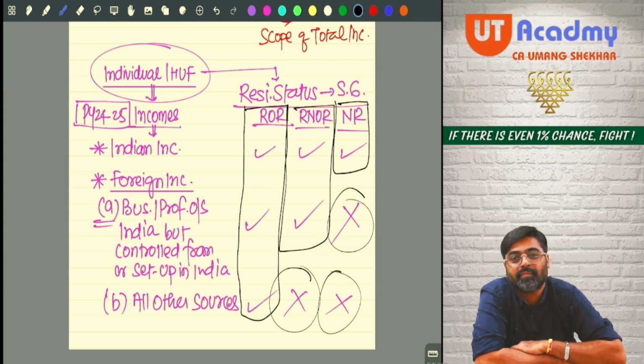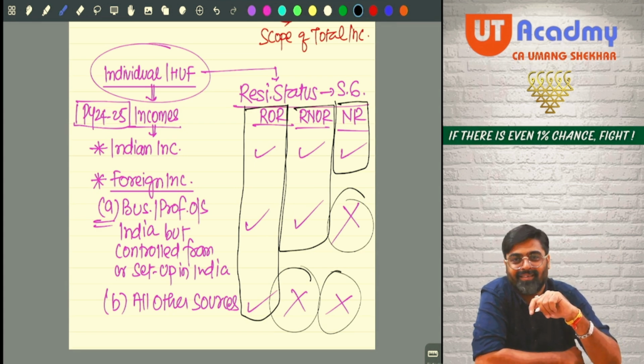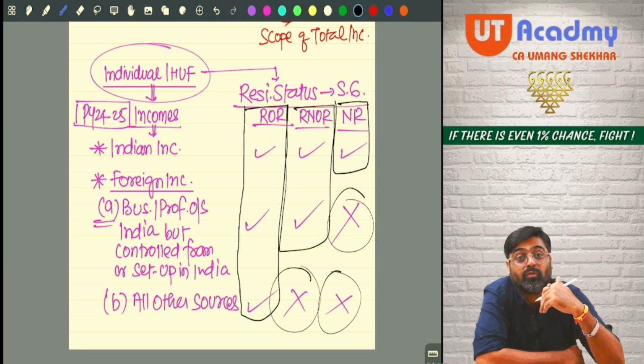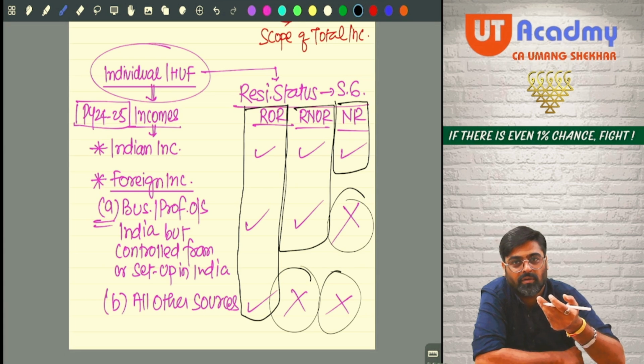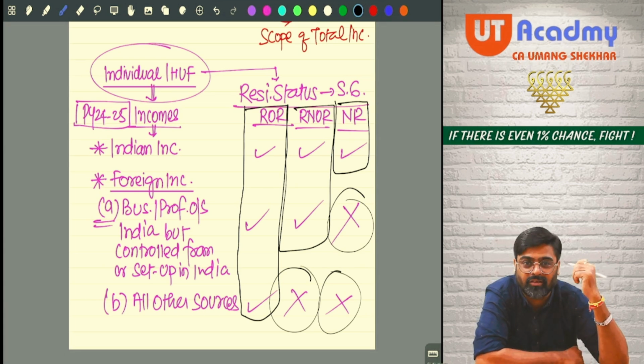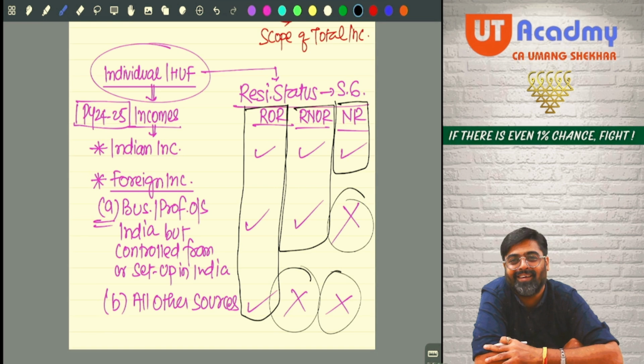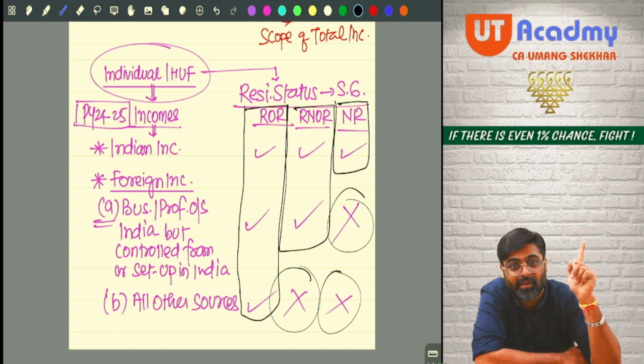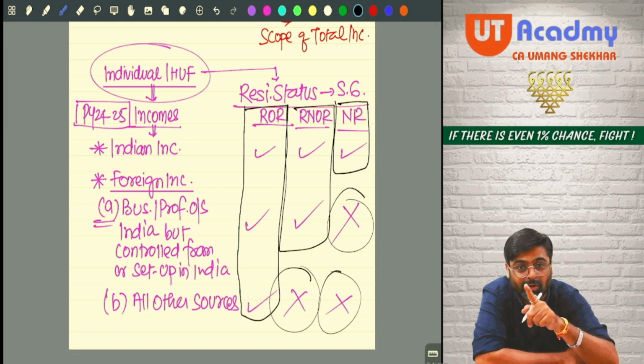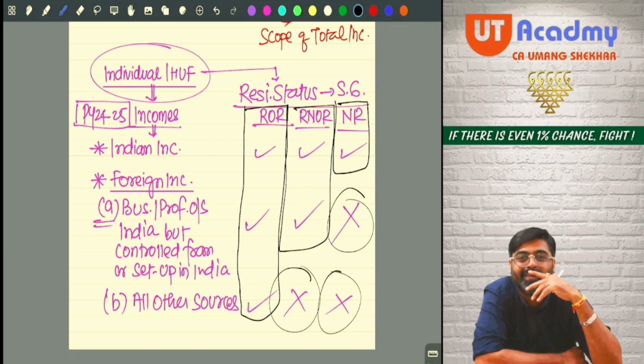Getting my point? So it is a tug of war between the department and the assessee. And as a chartered accountant, you have to advise your clients. If you have a few clients who are NRIs, without asking you, your client will not step in India. And if you tell him, go away, he'll run. Because if he does not follow your instructions, he'll go mad because of these things.